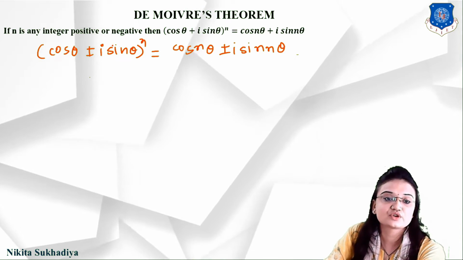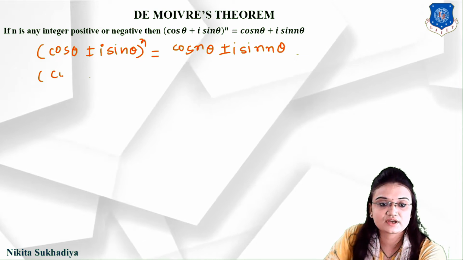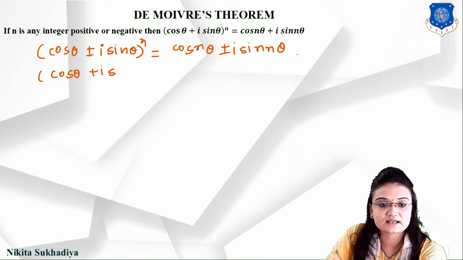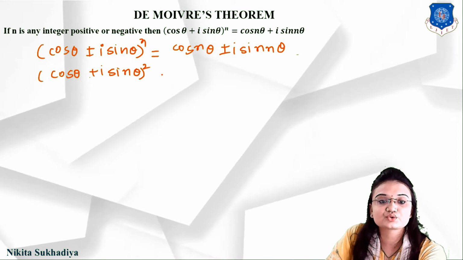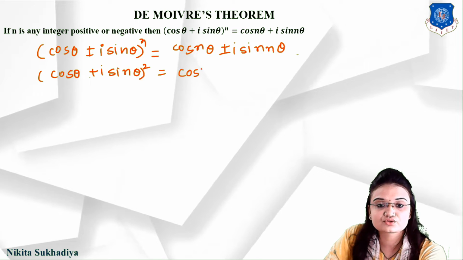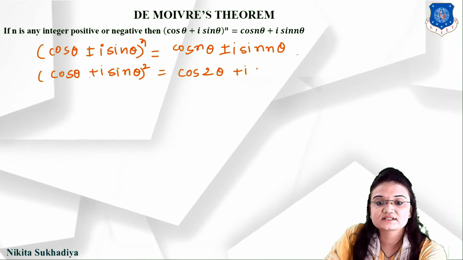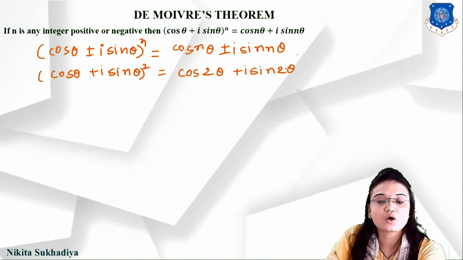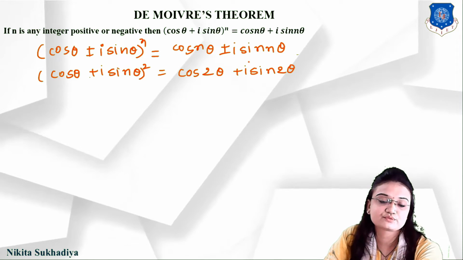For example, (cos theta plus i sin theta) raised to 2 we can write like this: cos 2 theta plus i sin 2 theta. Also we can use it in reverse form.